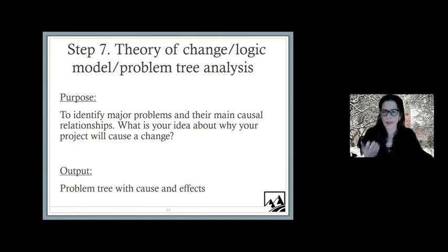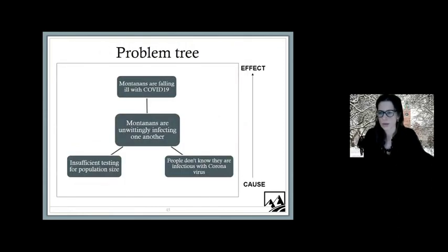One of the outputs of this stage of the LogFrame is the problem tree, which identifies the causes and the effects in your thinking. Working through this with your team is really important so that the connections are mutually understood by all team members and make sense to all of them.